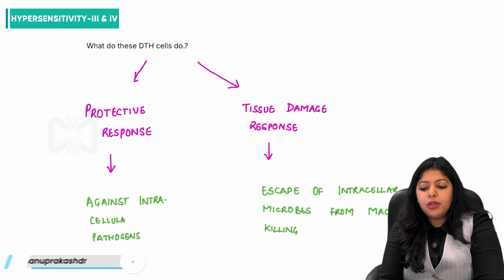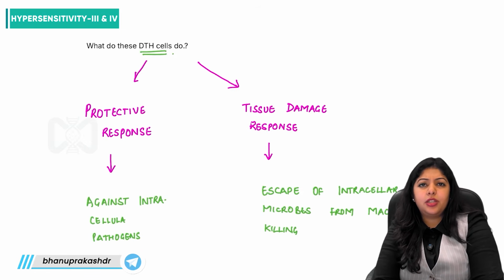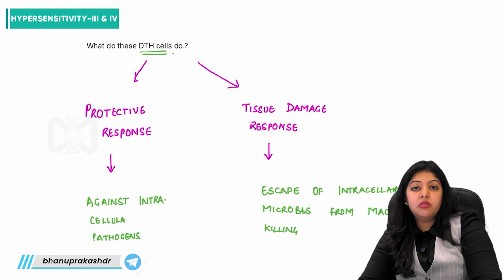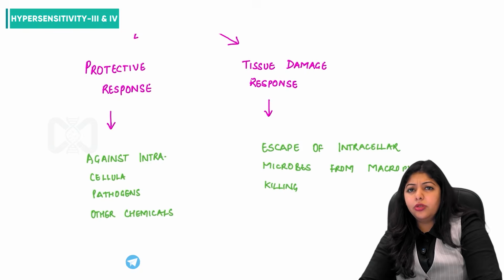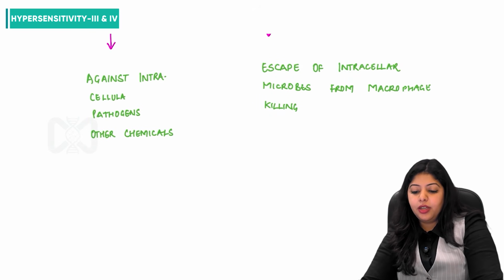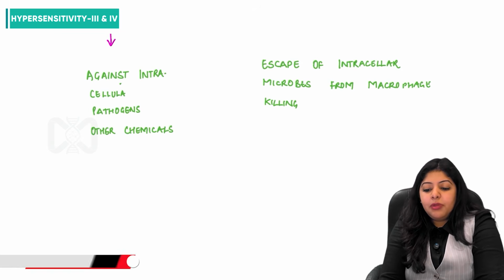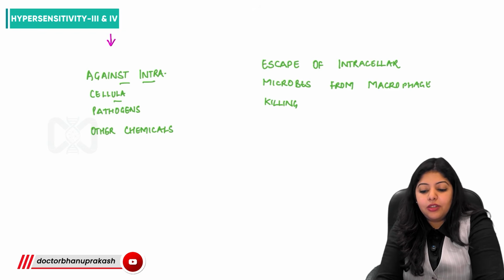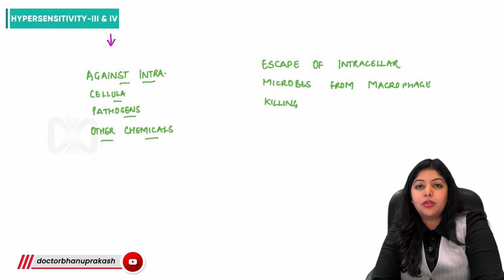So what is the main role of this delayed hypersensitivity reaction? Does it always end up in larger destructive events, or can it also provide a protective response? Right? So the main function of these cells is that they try to protect the body against intracellular pathogens and other chemicals.